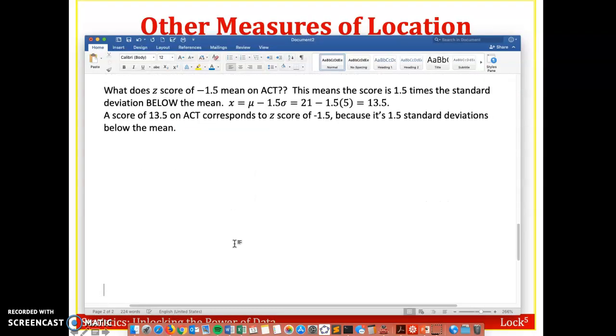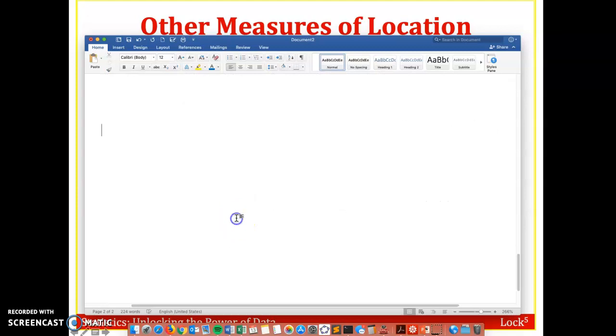We haven't clearly defined percentiles yet. We will later in this chapter. But Q1 is the 25th percentile, and it's a number that separates the bottom 25% of the data.